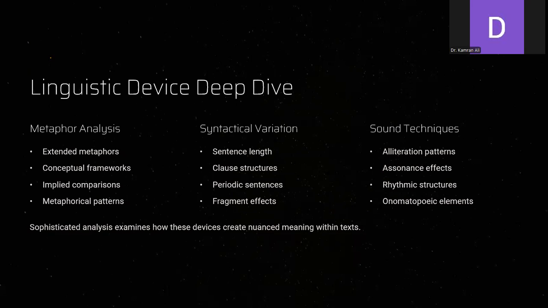Fragments means where the writer has used some phrases, right, and they are not sentences, and that has been done for effect. Sound techniques: alliteration, assonance, rhythmic structure, onomatopoeia, and all that. Now, these are some of the examples, right? They are not enough. I have given you the list where you have lots of literary devices, so use that PDF and practice.